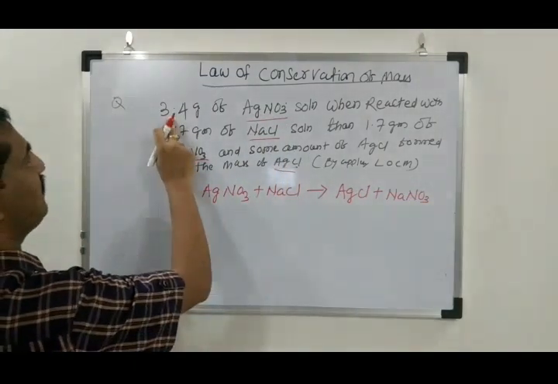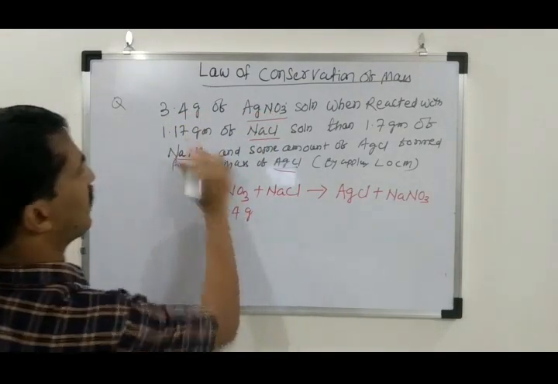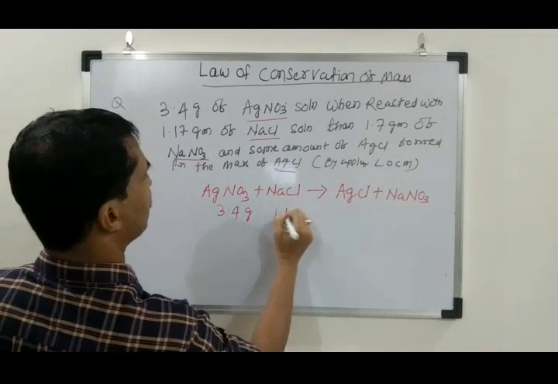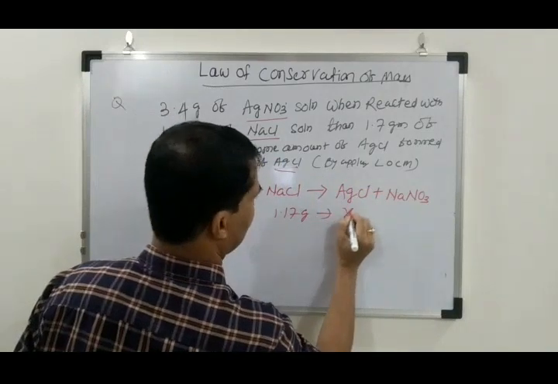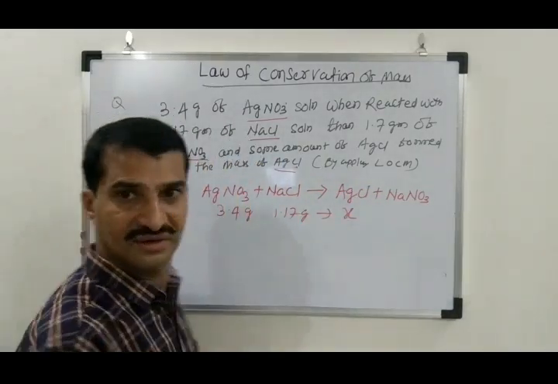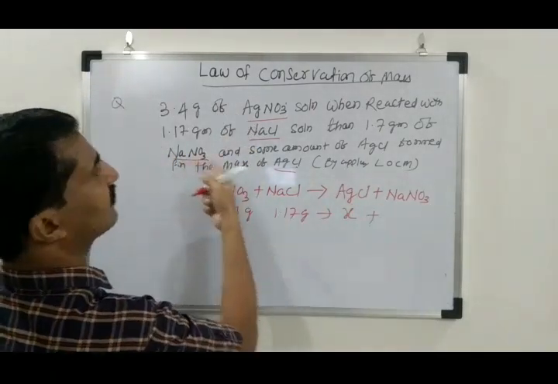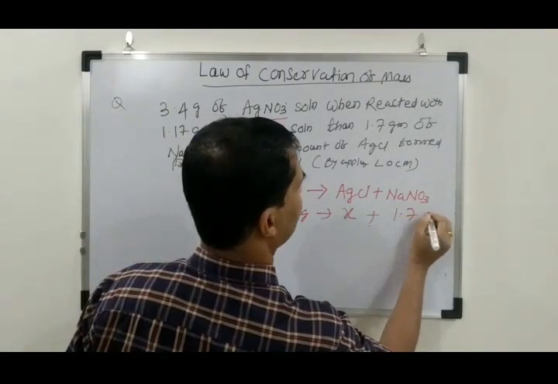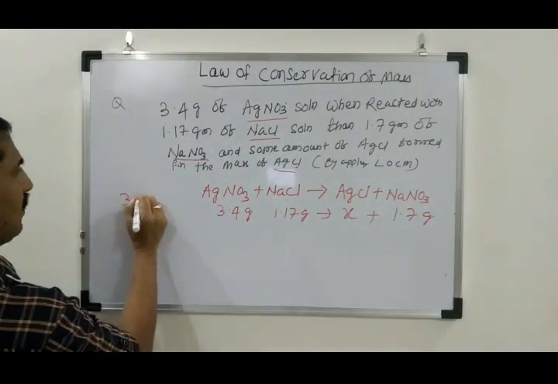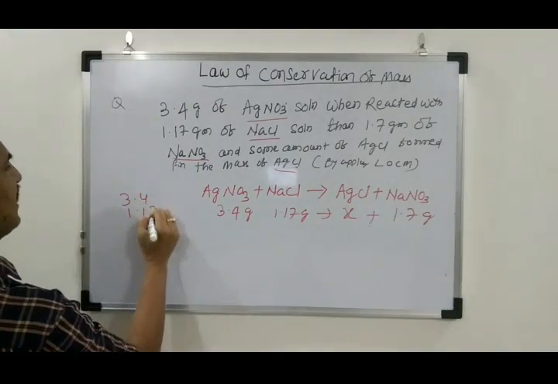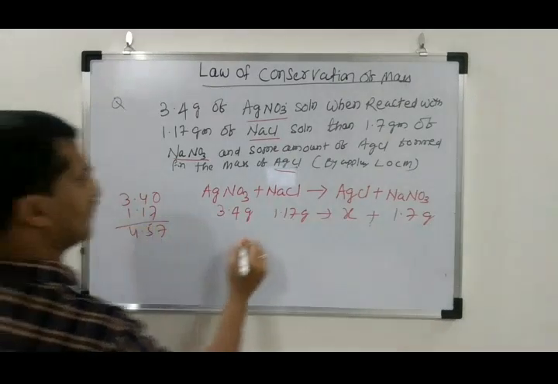Now what is given here? Data: 3.4 gram of AgNO3. Sodium chloride is 1.17 gram. For AgCl, it is asked how much mass, so let us take it as X. The sodium nitrate is given as 1.7 gram. Now in order to find this, I can say 3.4 plus 1.17, so it will be 4.57.